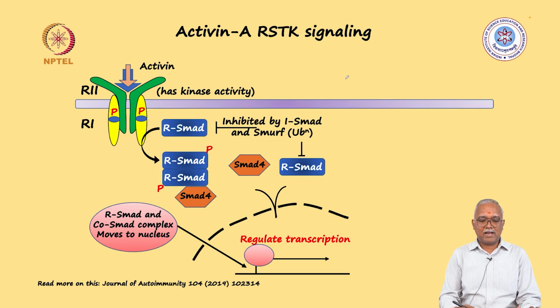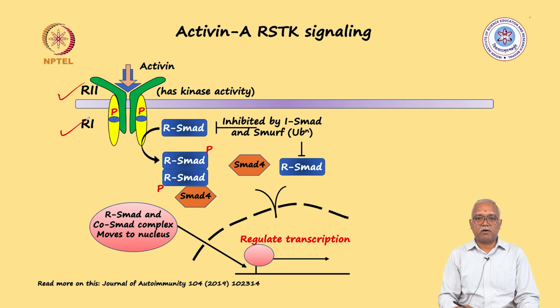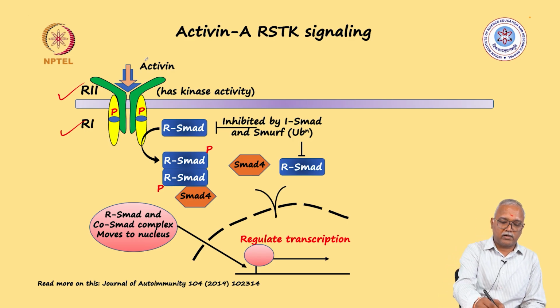So activin, again, as we have been seeing for a regular receptor serine threonine kinase signaling, is made up of a heterotetrameric assembly of two receptors which engage with the ligand.